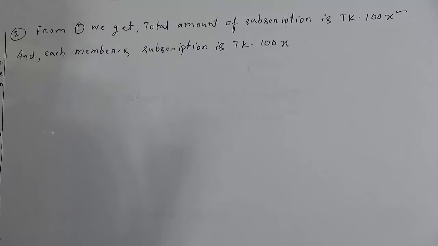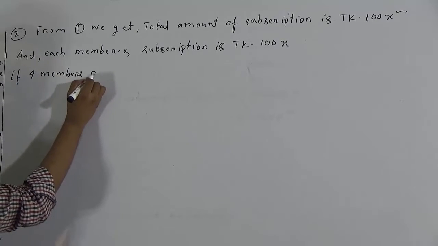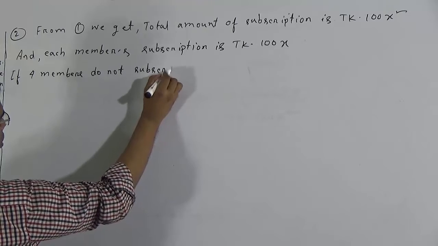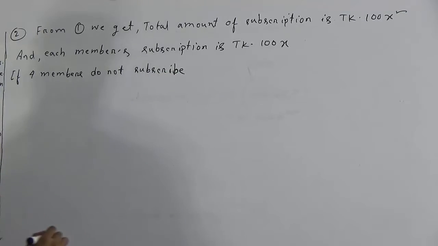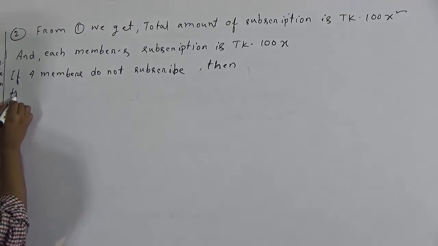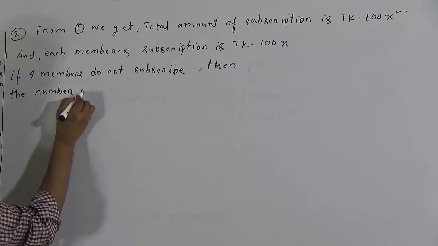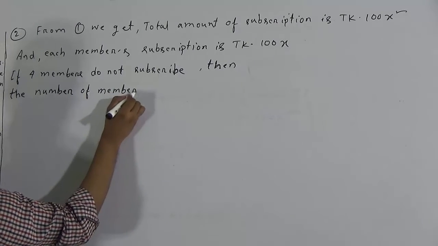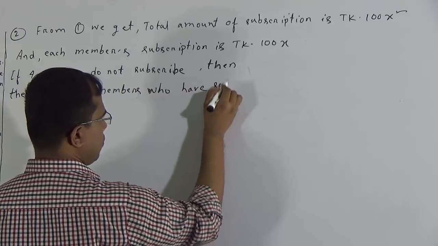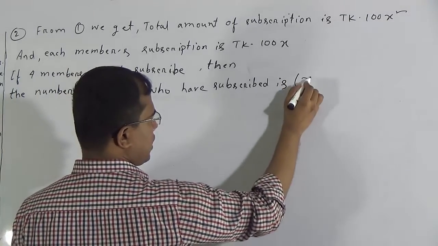Now, if 4 members don't subscribe, then the number of members subscribed is, it will be x minus 4.